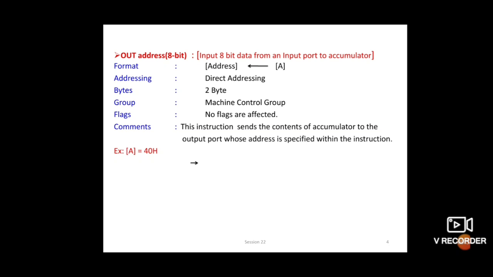LEDs are not directly connected to the 8085 microprocessor, always connected through a port, because we cannot connect them directly to the processor. So an interfacing IC is used to connect the LEDs and the processor, means between them one IC is used to connect these LEDs and the processor.